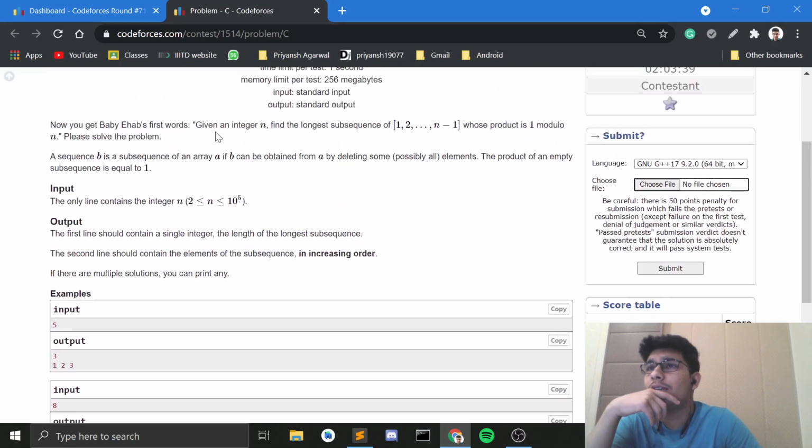What do we need to find here? Given an integer n, find the longest subsequence of 1, 2, and so on up till n minus 1 whose product is 1 modulo n.